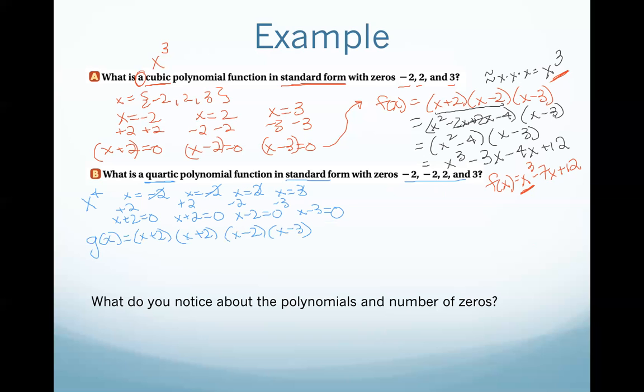Now I'm going to do a trick. It doesn't really matter which order we multiply these in, but there is a trick that will make this a little bit easier. Did you notice in the last one, when we distributed, we ended up canceling out our middle term? And so instead of having 3 terms that we had to multiply, we only had to multiply 2 terms.